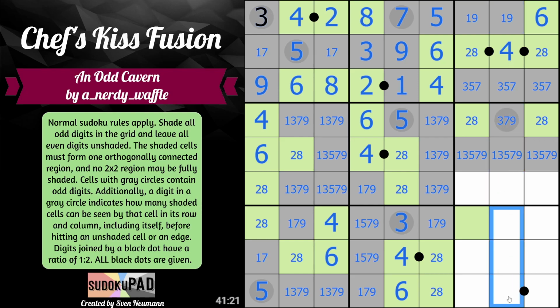Could these all be green? I think these could all be green. This has to be green, again, because no 2x2 region, so let's make that green. This could still be 3. If this was 3, this would have to be green.